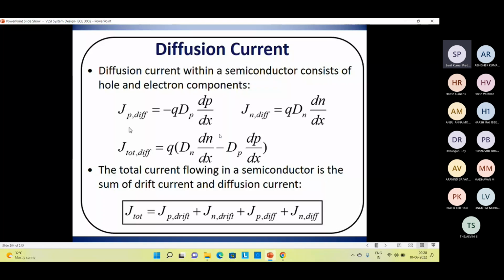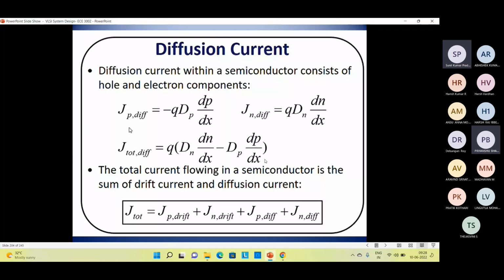Okay, so if I find the total diffusion current density, taking into consideration both hole and electron, it will be Q dn by dx minus Q dp by dx. So if we combine these two relations together, we can find the total current density: Q dn by dx minus Q dp by dx.